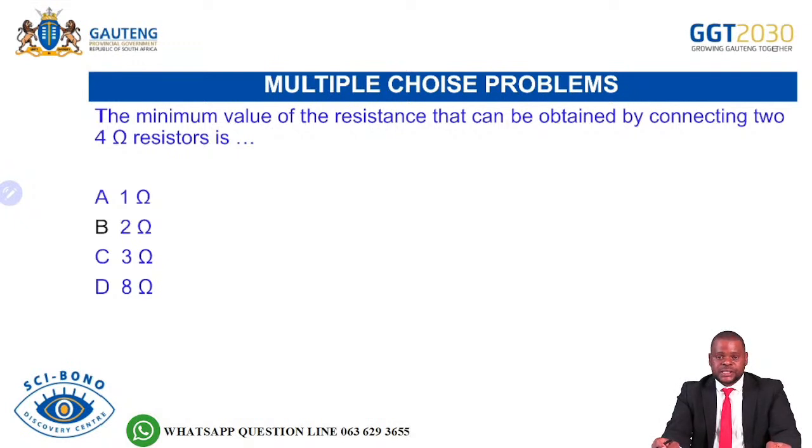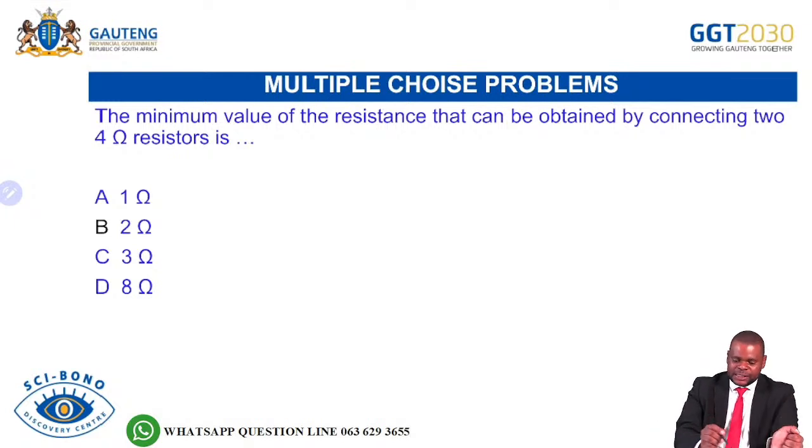The question says, the minimum value of the resistance that can be obtained by connecting two 4-ohm resistors is, if we add, we have two resistors.